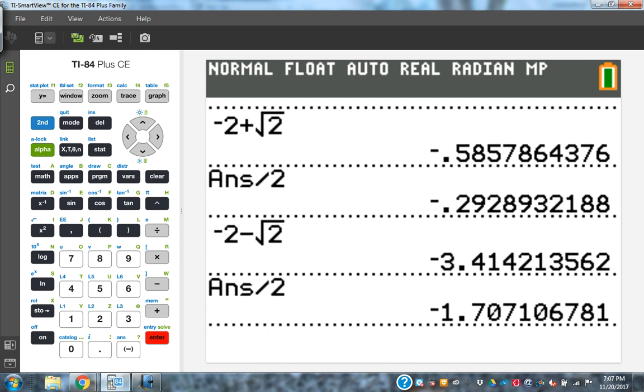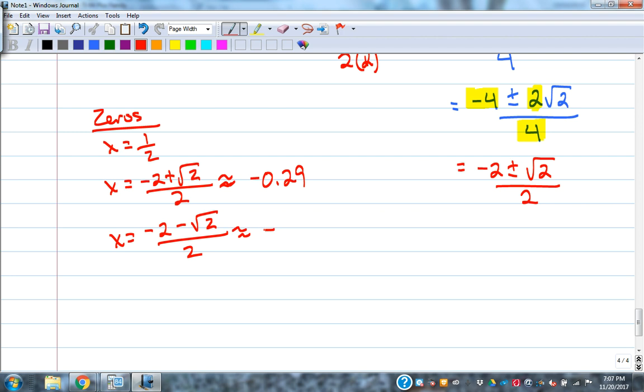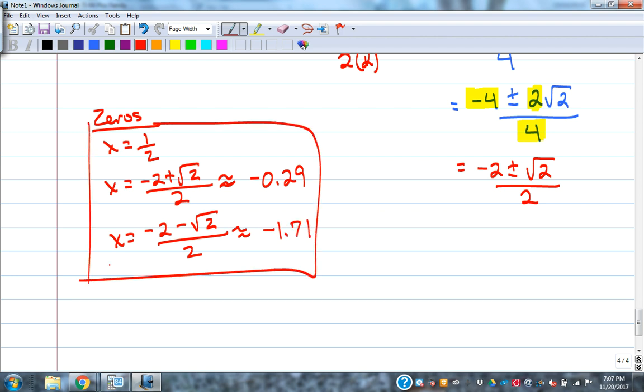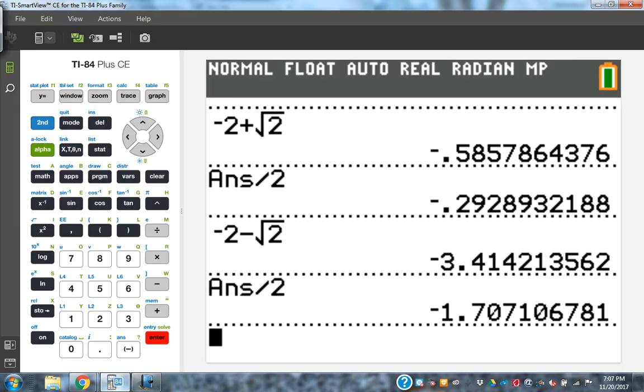Negative 1.71. So these are my zeros. So when I graph that original polynomial, I should see it crossing the x-axis at 1/2, negative 0.29, and negative 1.71. Okay, so I'm going to graph that original polynomial that we started with.